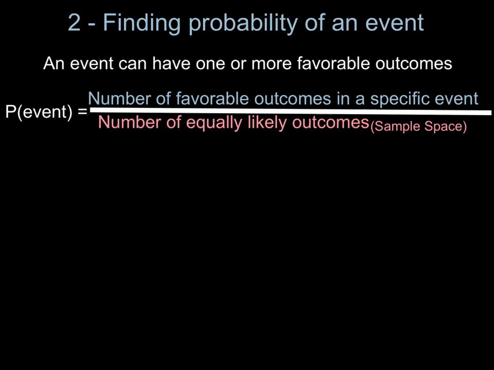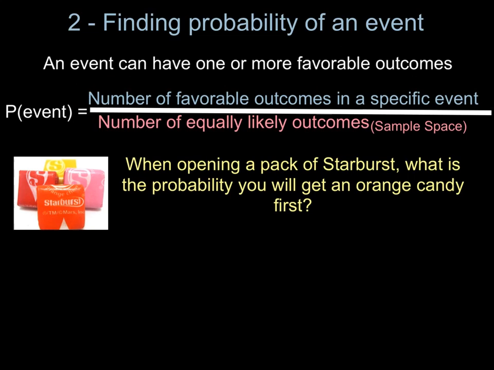This is easier when you can actually see the example, so let's come up with one. When opening a pack of Starburst, what is the probability you will get an orange candy first? I'm looking over here, and this is making my mouth water, but let's keep up with the example. The first thing we need to do is write the event.